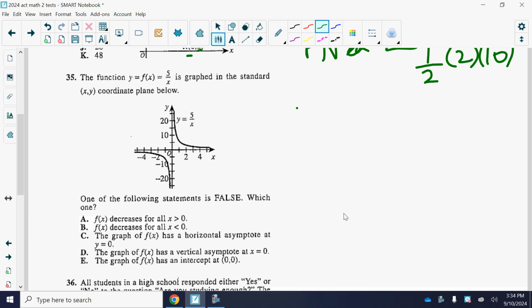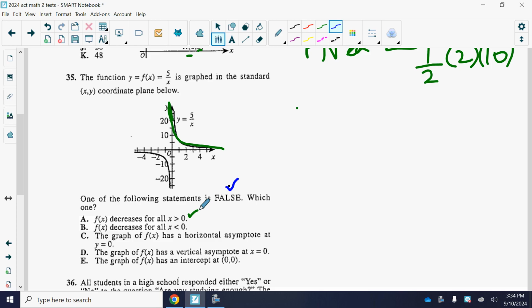These bother me. Every one of them is false. My goofball self, I'll just see a true one and call that. F of x decreases for all x greater than 0. So that's here. After greater than 0, it's going down the whole time. That's true. F of x decreases for all x less than 0.